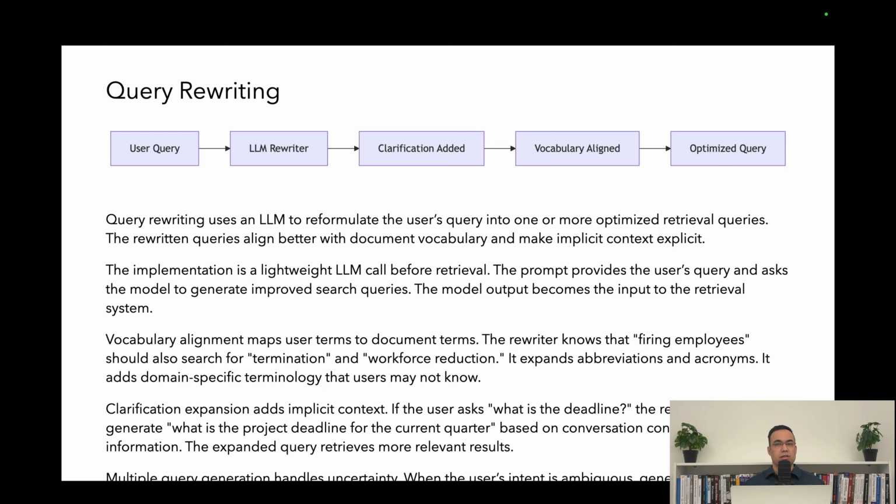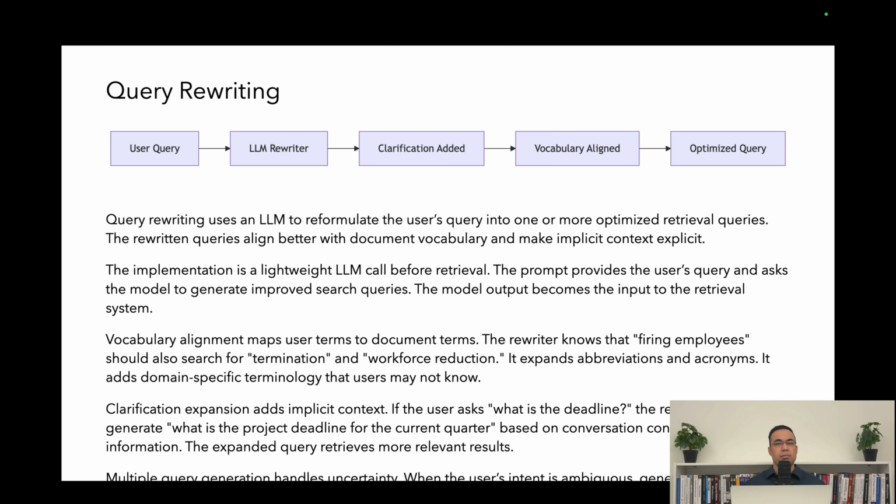If the user asks, let's say, "What is the deadline?" the rewriter might generate "What is the project deadline for the current quarter?" based on the conversation context or user profile information. Third, multiple queries. When the user's intent is ambiguous, we can generate several interpretations, run retrieval for each, and merge and deduplicate results. This increases the recall when the correct interpretation is uncertain. Latency impact is also a consideration.